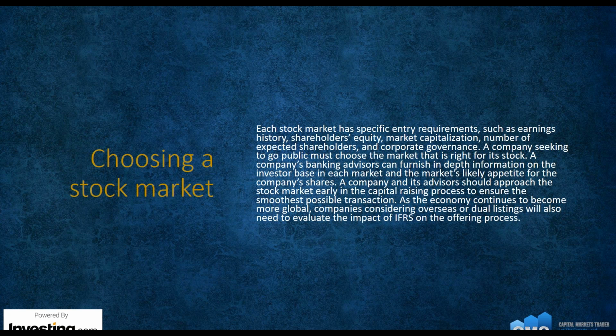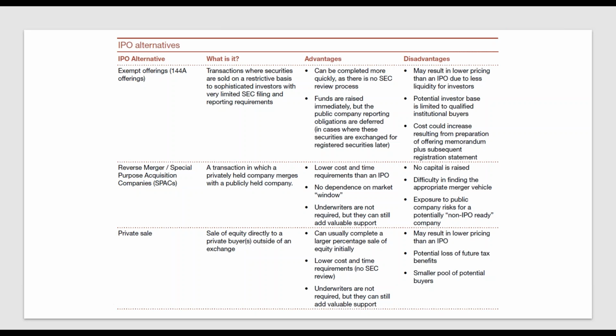Like most of us know, most tech companies go with NASDAQ. A lot of people were shocked when Alibaba went with the US. Okay. All of these are very important features that have to be taken into consideration.